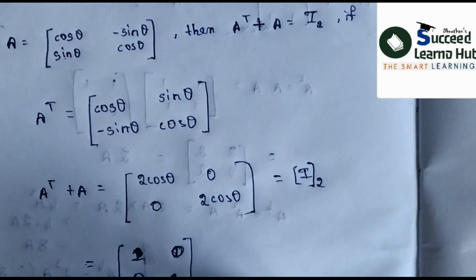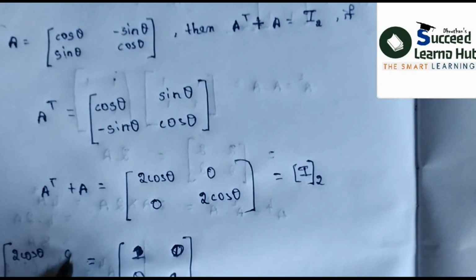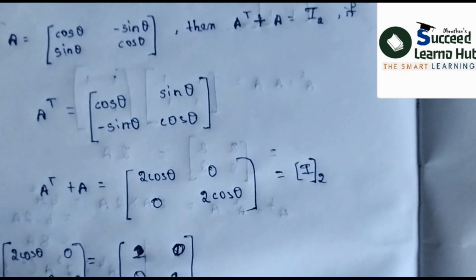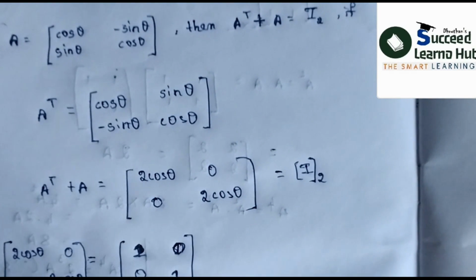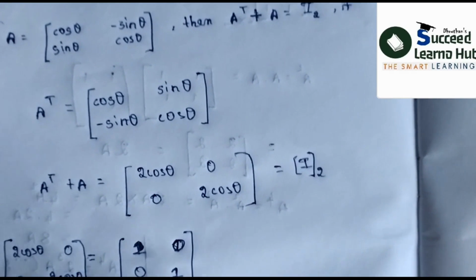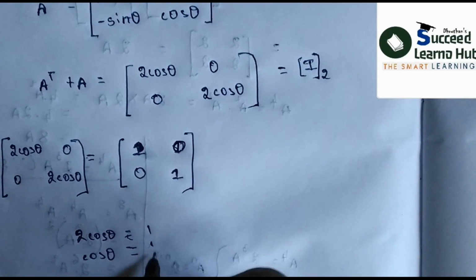Now, let's equate this. 2 cos theta is equal to 1. It means cos theta is equal to 1 by 2.